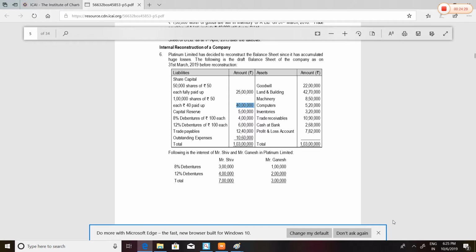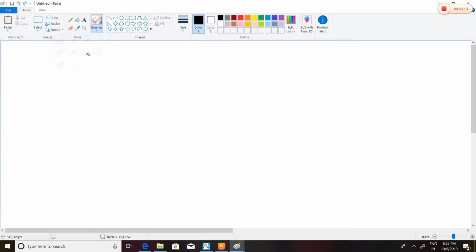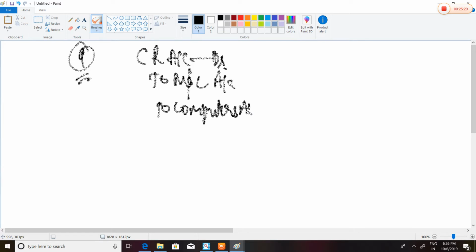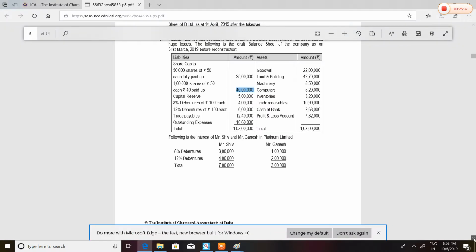Yet another entry. Ninth, capital reduction account debited to machinery account, to computer account, to inventories. I think the amount of inventories is also increasing, 3.5 lakh rupees here.